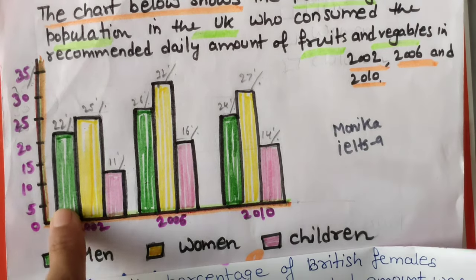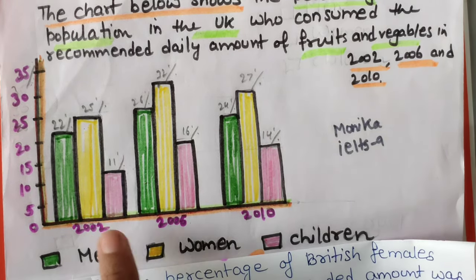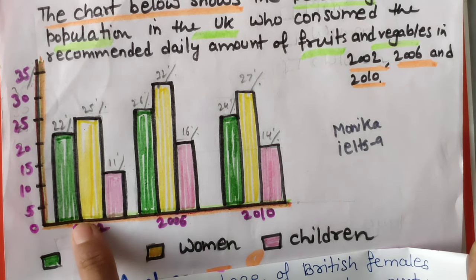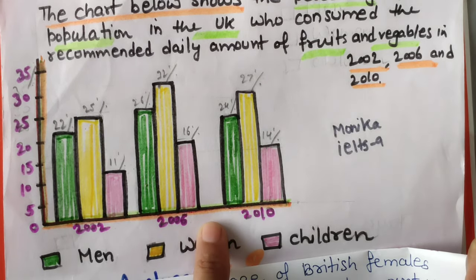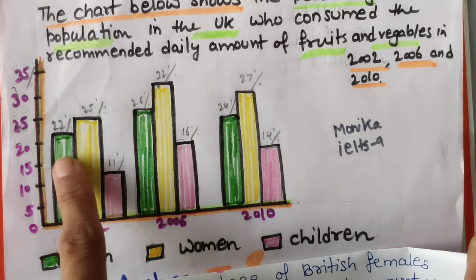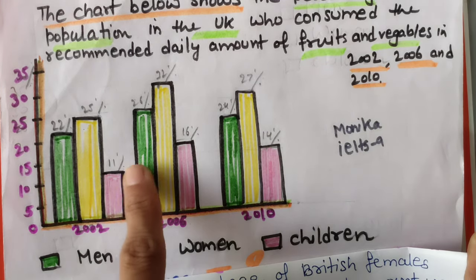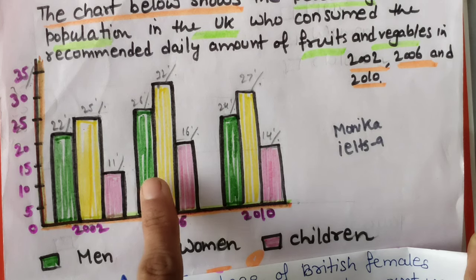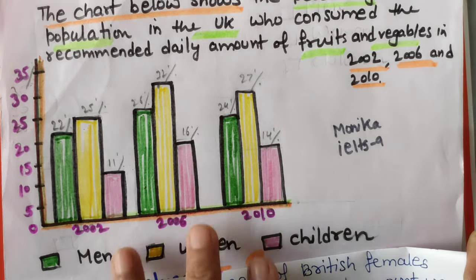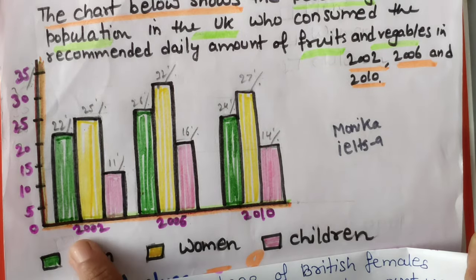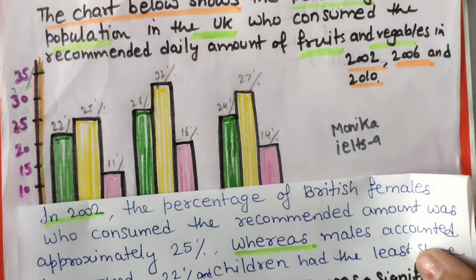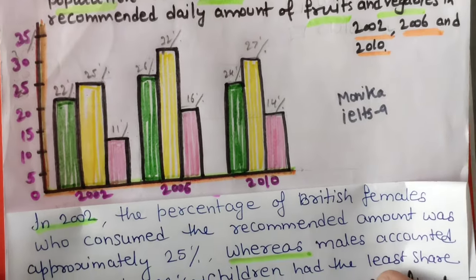If you are going category wise, then if you take men, you have to compare all 3 years: in 2002 it was 22%, and it increased from 22 to 26 in 2006, and then downward. It is the same kind of thing, but if you write year wise, it will be better. So let's read my answer.